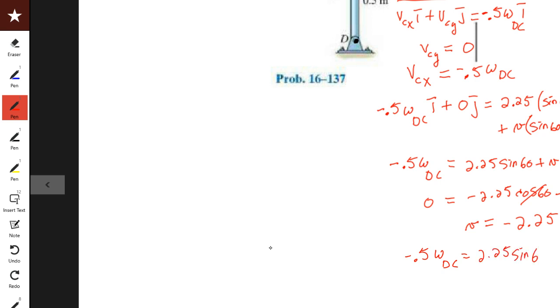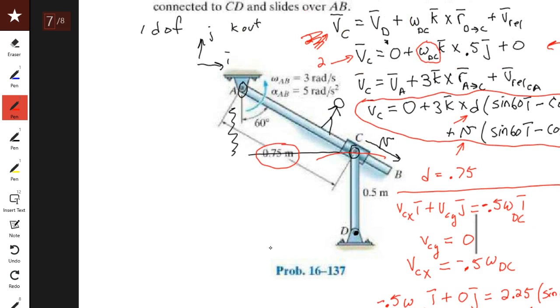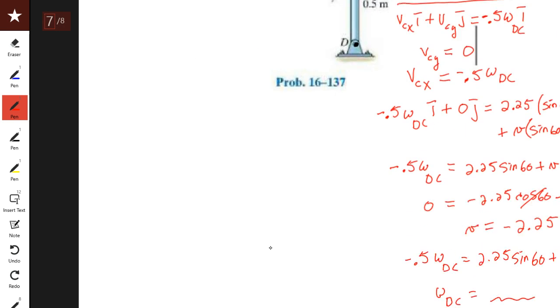I don't have a calculator, I punch that in, plus v, okay, plus v is a negative 2.25, unless I made a mistake, times the sine of 60. Alright, so you just grind that out, and omega dc is whatever it comes up to on your calculator. Alright, so that's the velocity part.